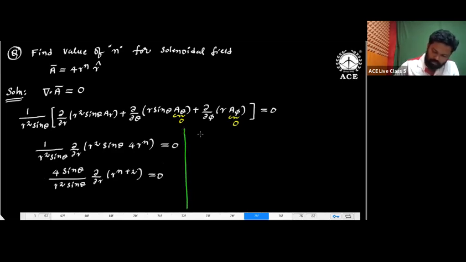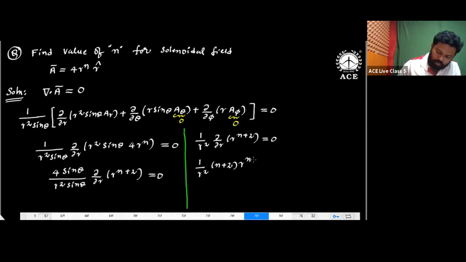Here it is 1 by r square into dou by dou r of r to the power of n plus 2 is equal to 0. So here it is 1 by r square into n plus 2 into r to the power of n plus 1, beta, is equal to 0.